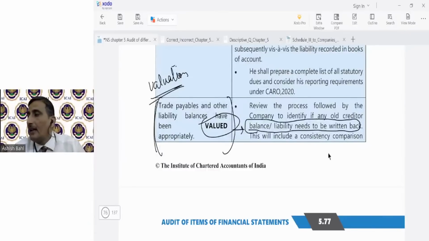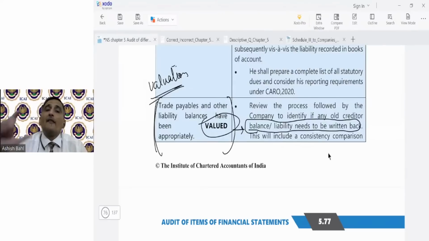So obviously these liabilities which are needed to be written back become income for the company.